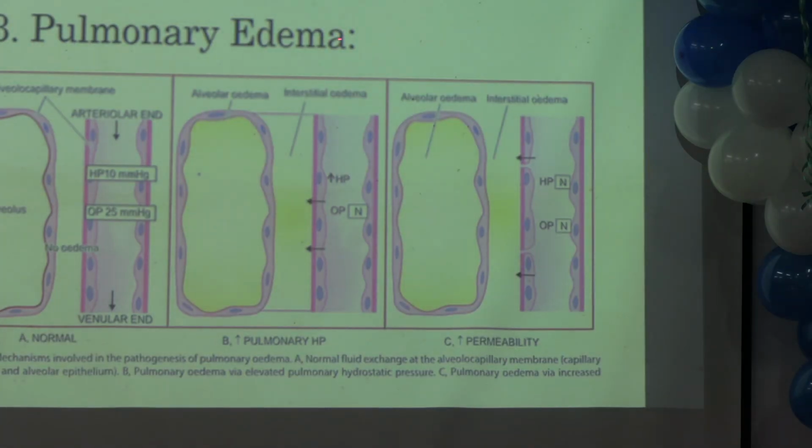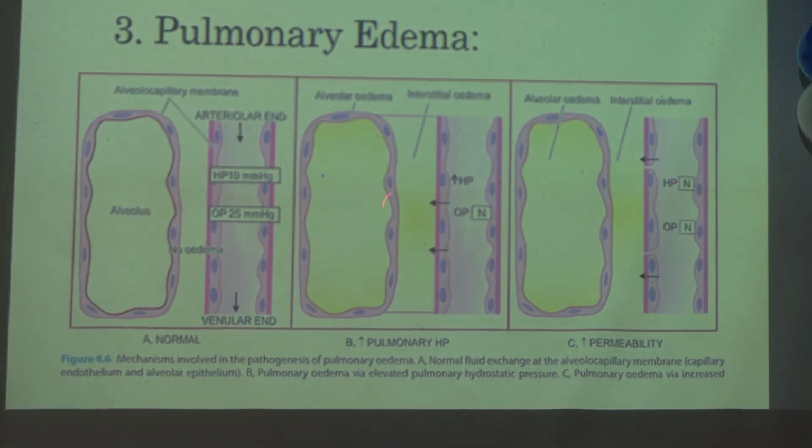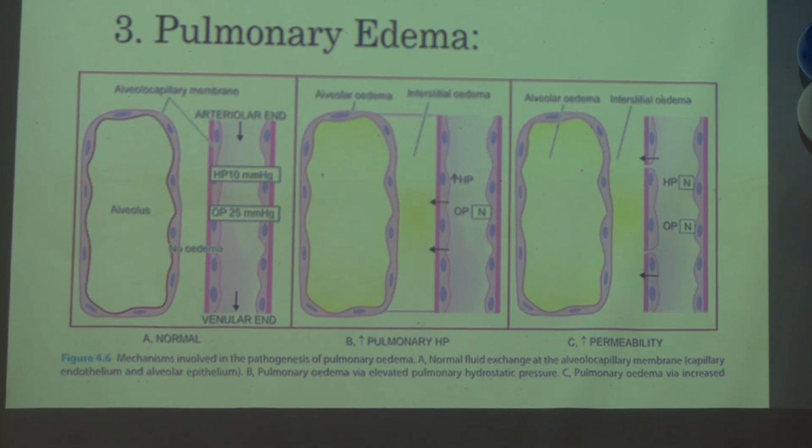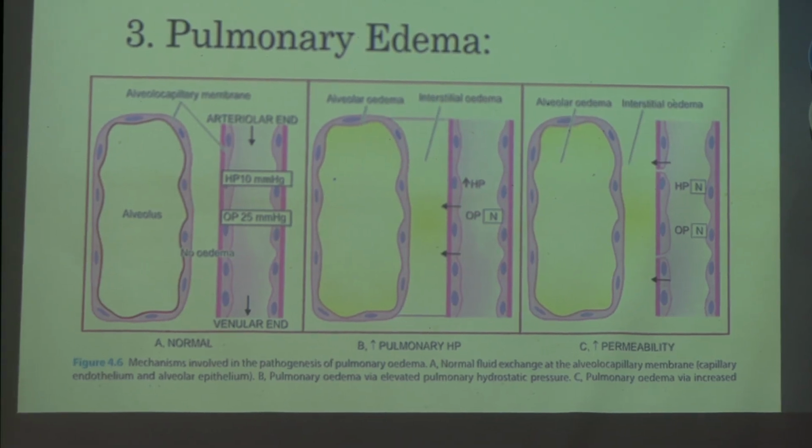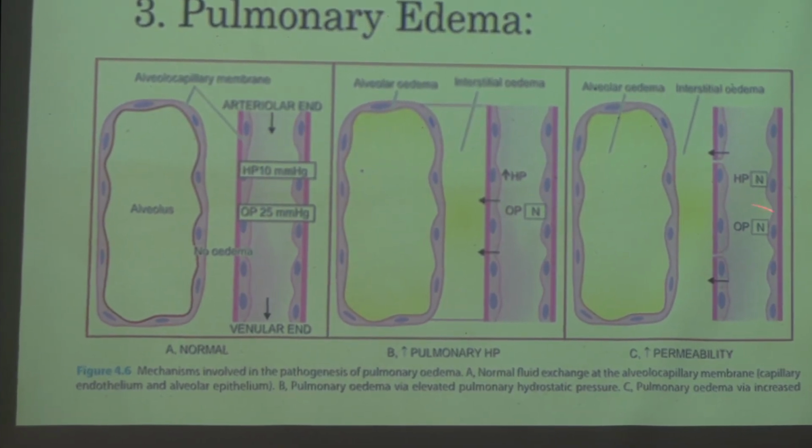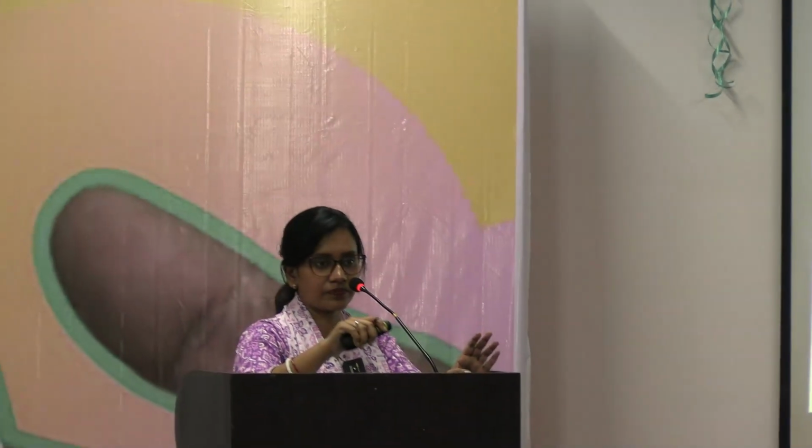Okay, next is pulmonary edema. As you can see, there will be accumulation of edema fluid within the alveolar spaces and also in the interstitium. So what can be the causes? There will be an increase in the hydrostatic pressure, or there can also be injury to the basement membrane resulting in increased movement of fluid and accumulation of the same in the alveolar spaces and the interstitium.